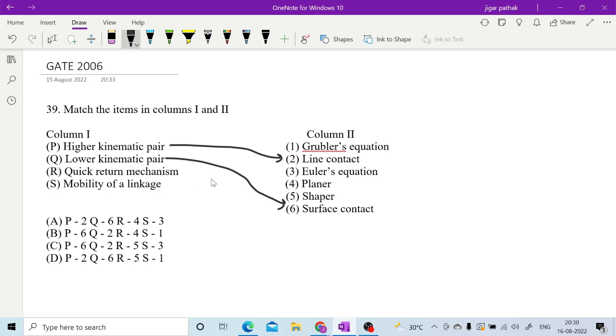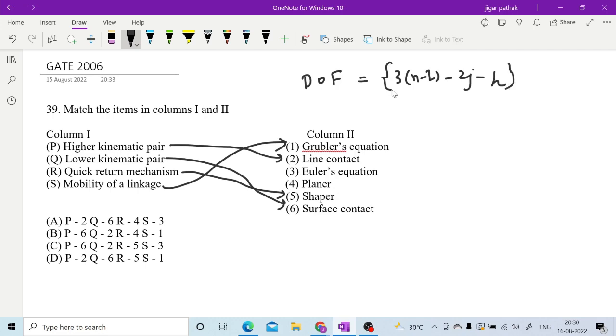For a quick return mechanism, it must be this shaper, right, as you have seen, and mobility of linkage is related to this Grubler's equation, right? So Grubler's equation is also related to this degree of freedom equation, because as we have written this 3n minus 1 minus 2j minus h minus this redundant motion, right?